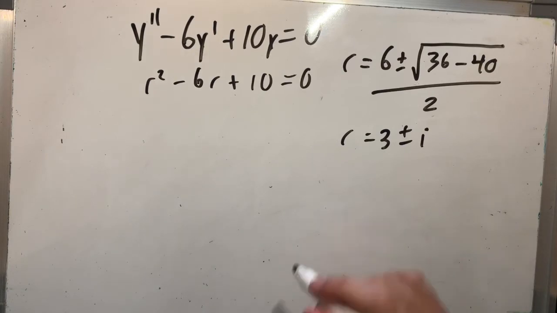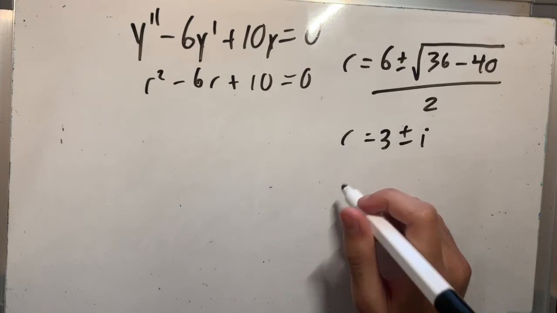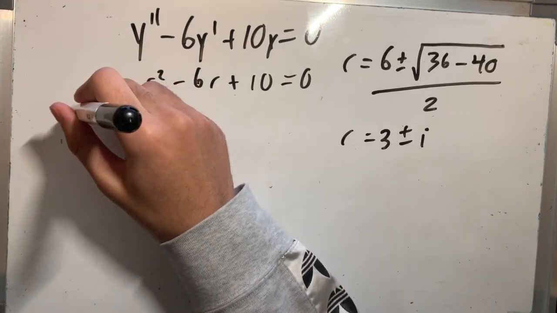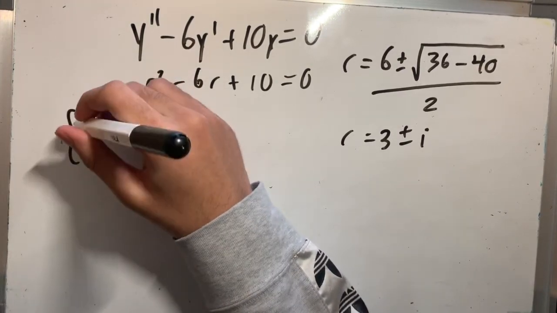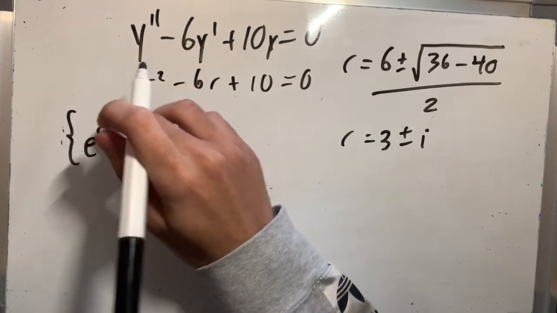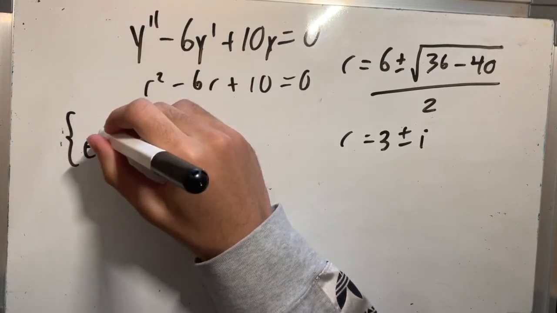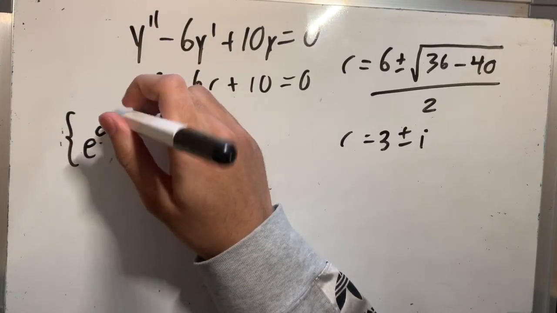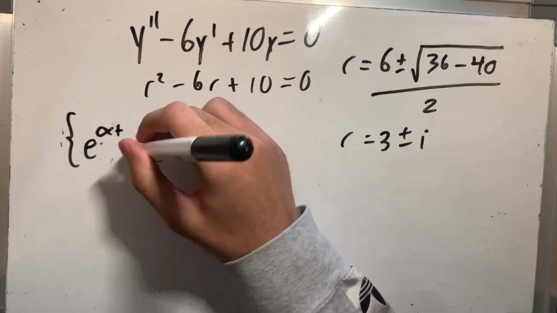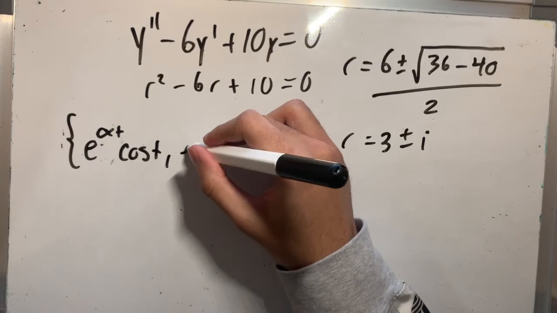And in this scenario, we are going to use the general solution of e raised to rt, not raised to r since we don't have any real roots, raised to this t cos.